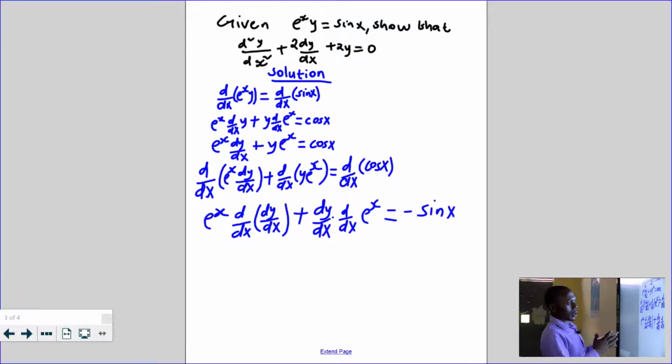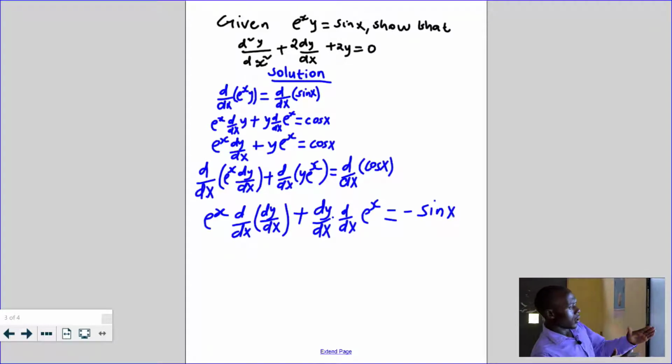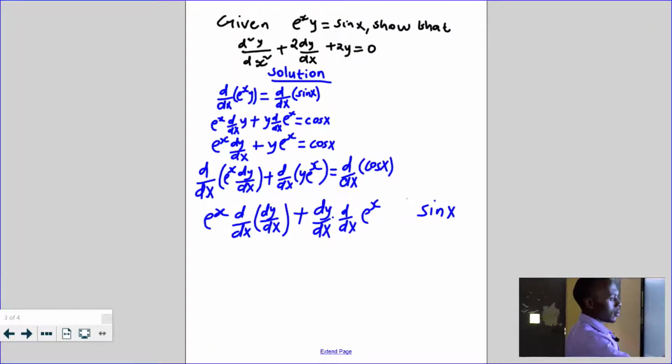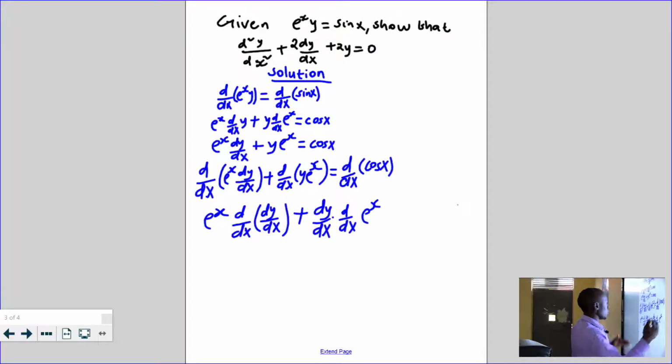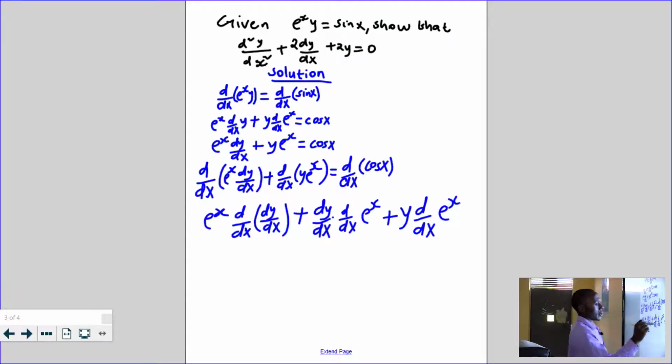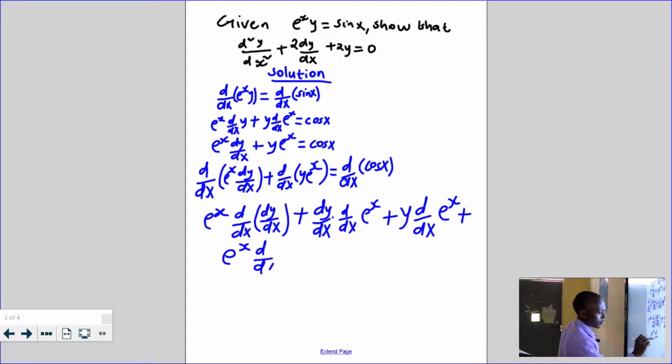When we come here, we are not reading this one. There was also another one here. So then plus, let us hold y, then d/dx of e^x, then let us hold e^x, plus e^x, then differentiate the y, d/dx of y, then equal to, differentiate cos, which is negative sin x.